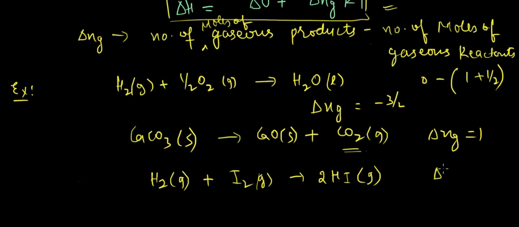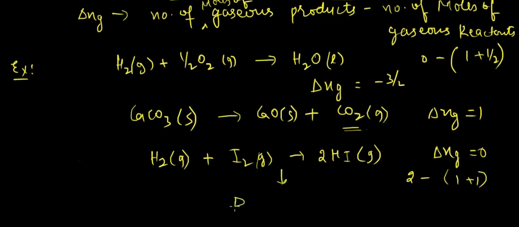So for this also delta ng would be 0, because the number of moles of gaseous products formed is 2 and the number of moles of gaseous reactants would be again 2, so delta ng would be 0. So in this case we can write delta H equals delta U.